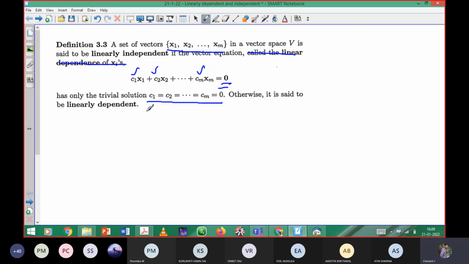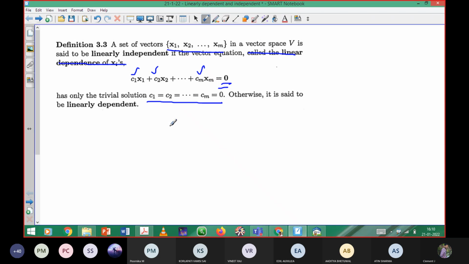If any one of the coefficients is not equal to 0, or any two or something like that, if you are not getting this format, if you are getting any other format, then you can simply call that linearly dependent. So only these two definitions. With that we can enter into the problem. That is quite easy.